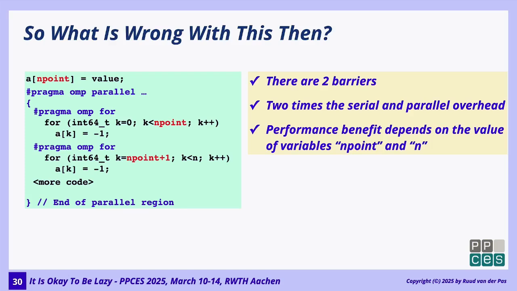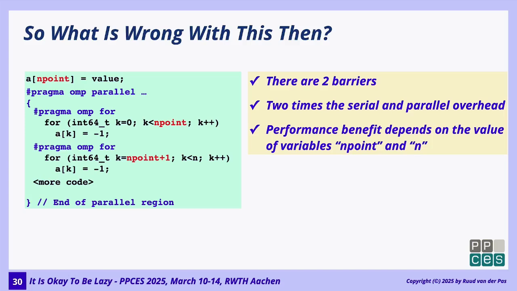The biggest thing here was that the performance depends on two variables. The loop is n long, from 0 to n minus 1, but it's broken at a point called endpoint. And here's the problem. If endpoint is small relative to n, then this is a very short loop from 0 to endpoint minus 1, so this is where the overhead may affect you.